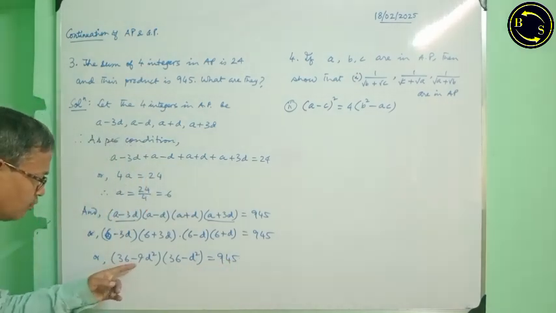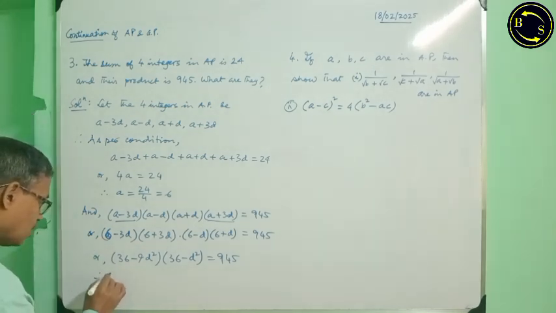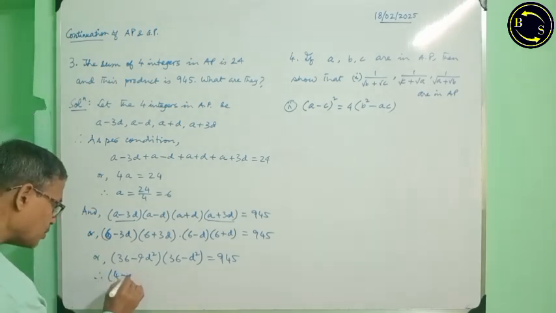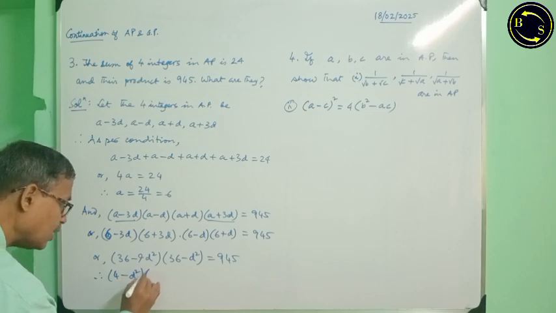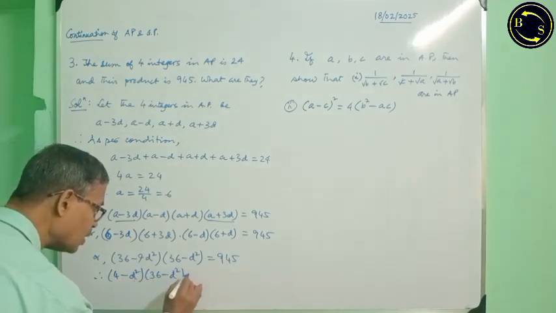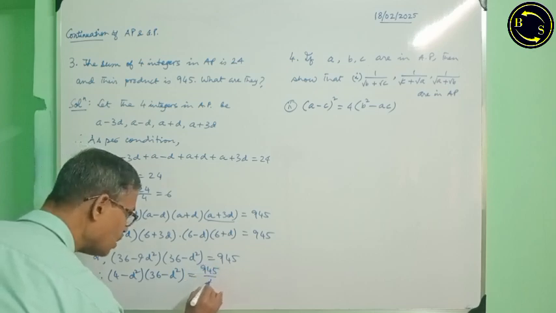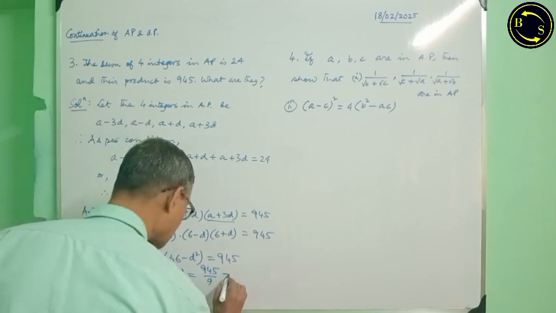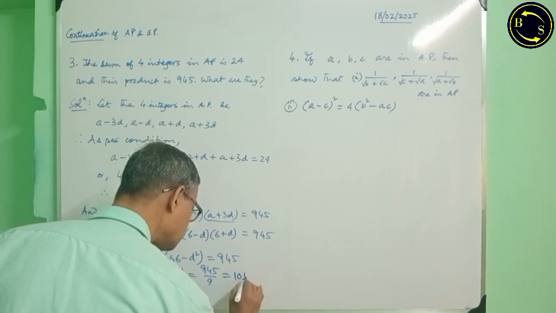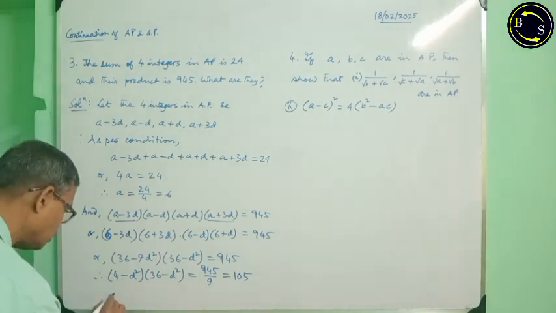Now both of these are divisible by 9, therefore 4 minus d square into 36 minus d square is equal to 945 divided by 9. Therefore, we get this equation.